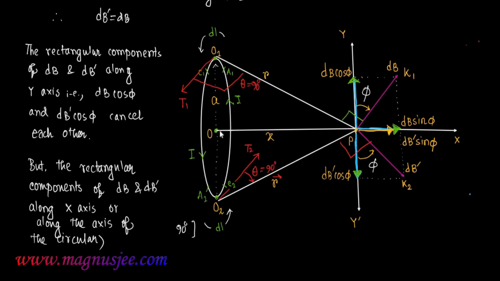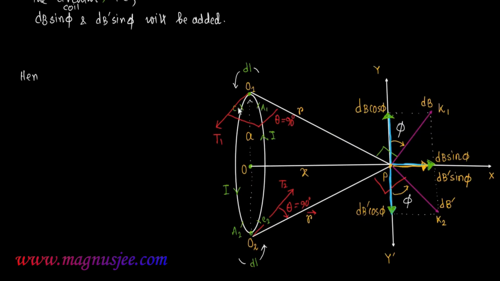The rectangular components of dB and dB prime along the x-axis or along the axis of the circular coil, that is dB sin phi and dB prime sin phi, will be added because they are acting along the same direction, but dB prime cos phi and dB cos phi cancel each other because they are acting in the opposite direction.